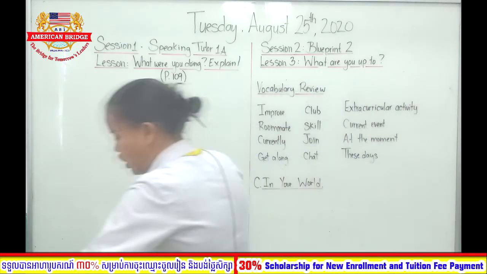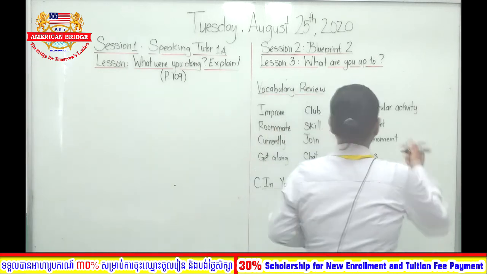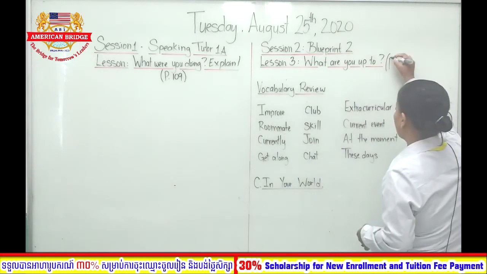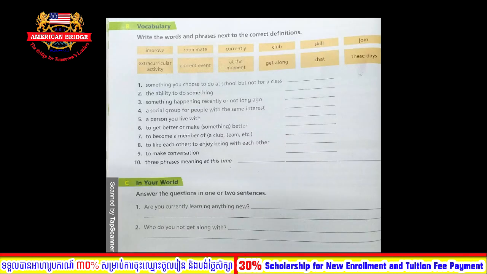Alright, now I'd like you to open your book to page 52. Sorry, I forgot to put a page number. Open your book to page 52. Now on page 52, let's do the exercises together.